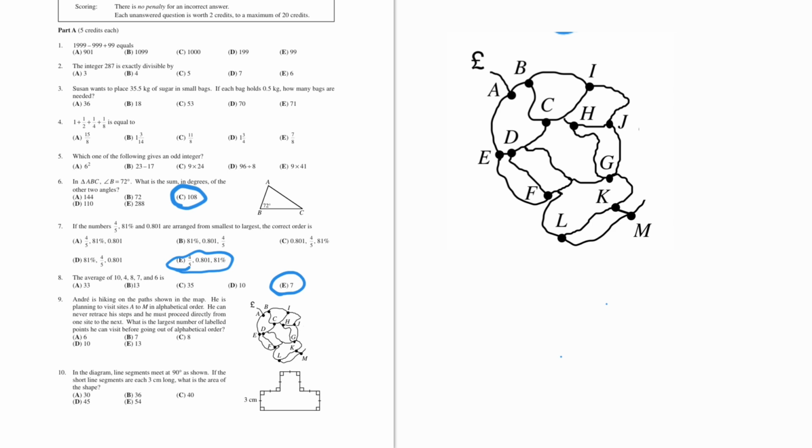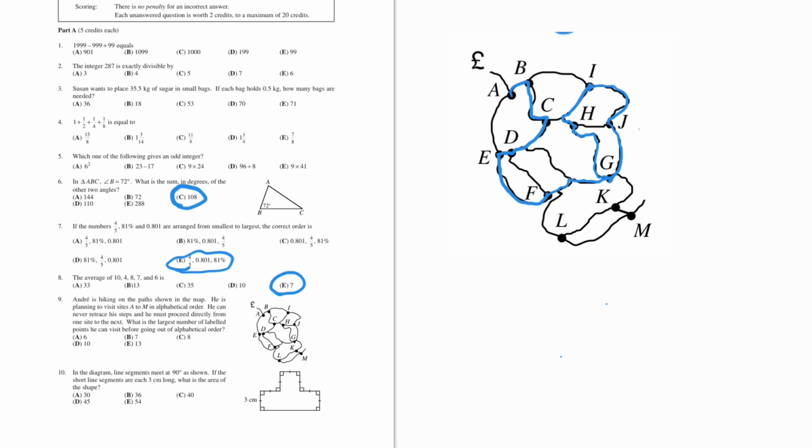Now let's start from A, from A to B, C, D, E, F, G, H, I, J. Next in alphabetical order will be K. When I go from J to K, I hit G. I cannot retrace, retrace is not allowed.